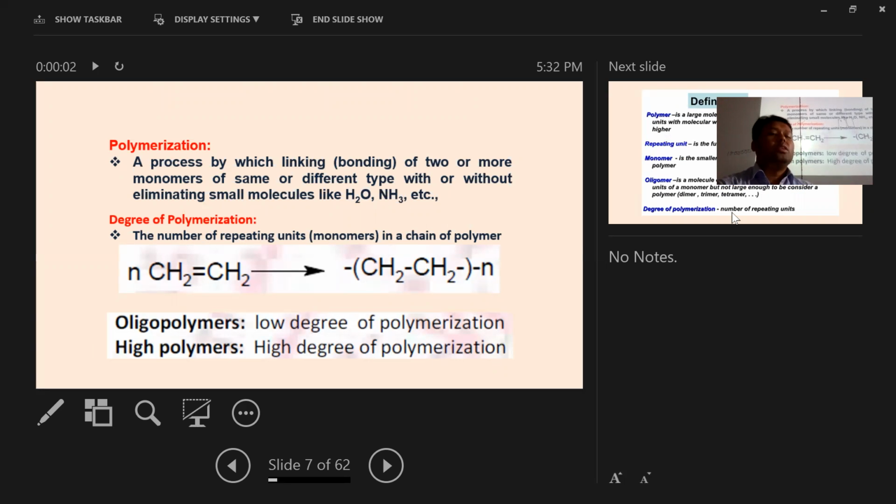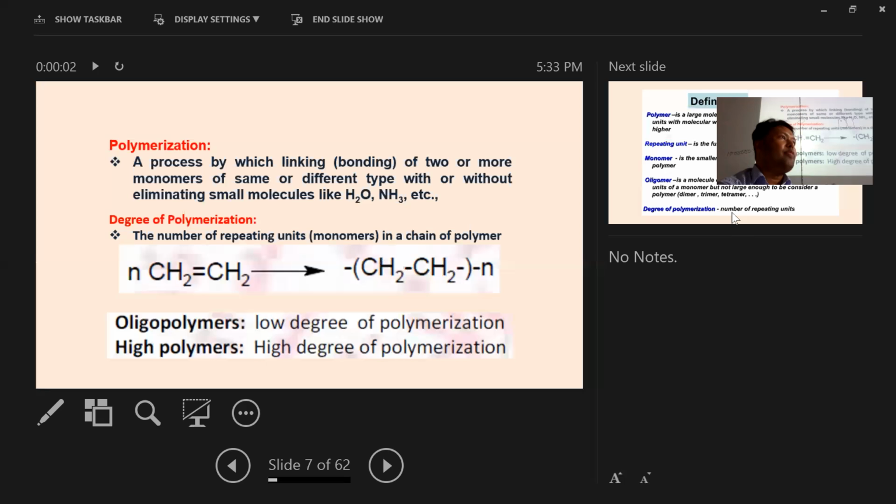Polymerization. What is polymerization? The process of making polymer. That is called polymerization. A process by which linking or bonding of two or more monomers of same or different type. Till now, we have mentioned that we are making the polymer out of the same repeating unit.